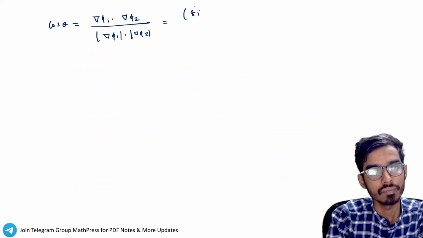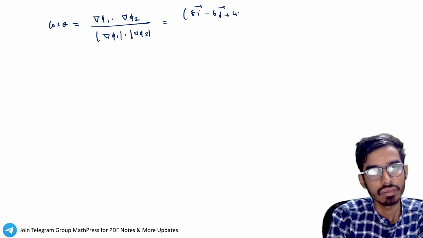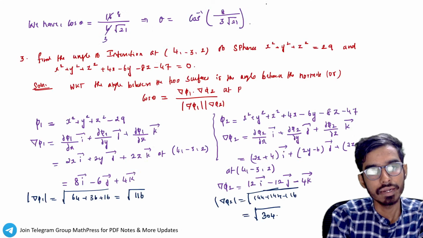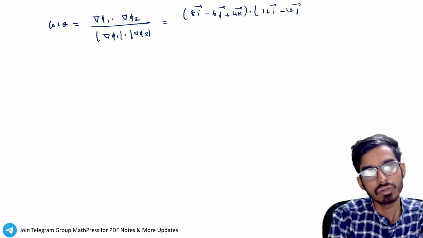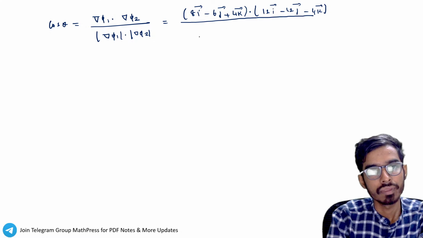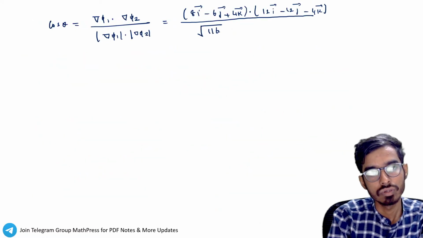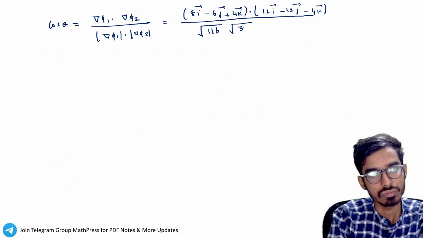This will be 8i minus 6j plus 4k dot 12i minus 12j minus 4k, divided by modulus of del phi 1 modulus of del phi 2, which is root 116 into root 304.